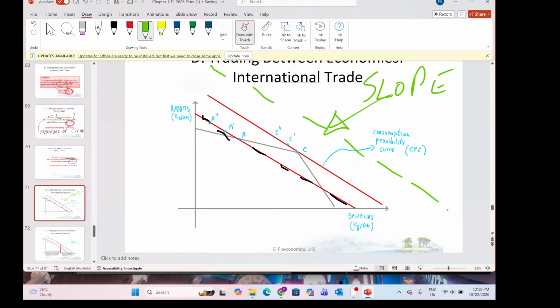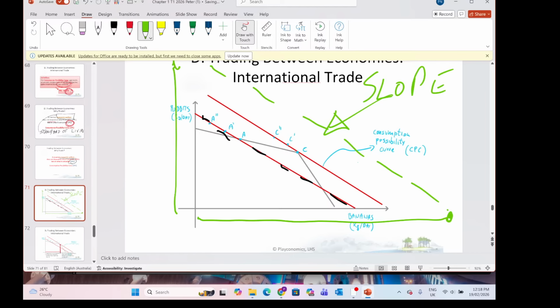And what those lines indicate is the ratio of this product, bananas, and rabbits, what they trade for on the world price.